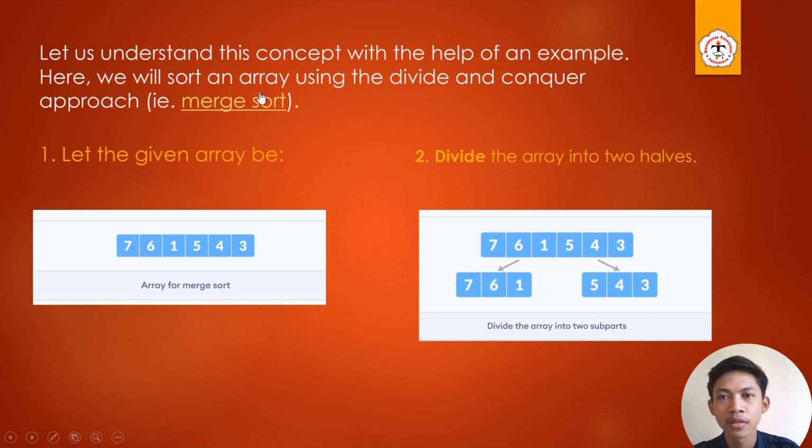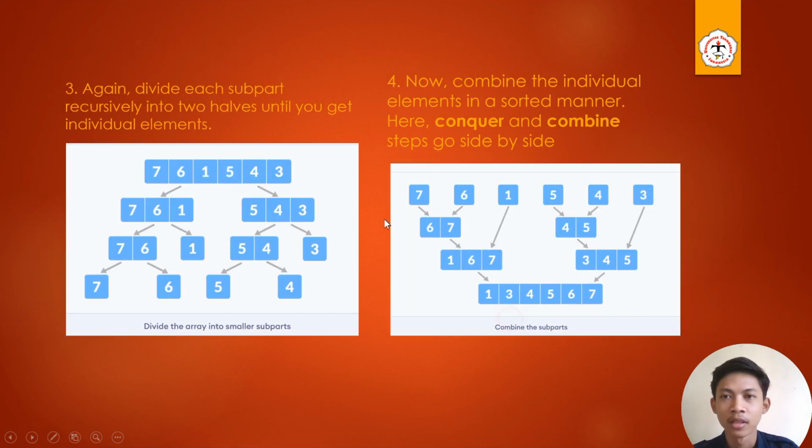Here we will sort an array using the divide and conquer approach, merge sort. First, let the given array be 7, 6, 1, 5, 4, and 3, like this, and divide the array into two halves: 7, 6, 1, and 5, 4, and 3, like this.